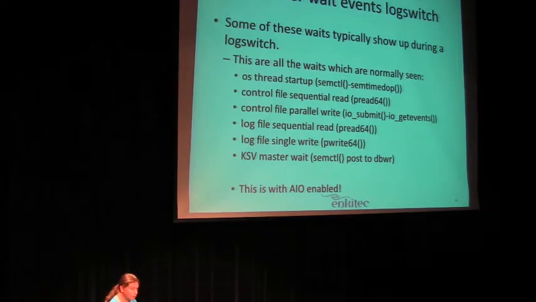Control file sequential read, which is a pread64 call, a control file parallel write, io_submit, io_getevents, etc. KSV master wait, I every now and then see this wait on systems, and I've seen this as a semctl to the database writer. I've also seen this as a semctl to the CSSD daemon when you're using Oracle's grid software. And this is with asynchronous I/O enabled. So please mind the pread64, etc.